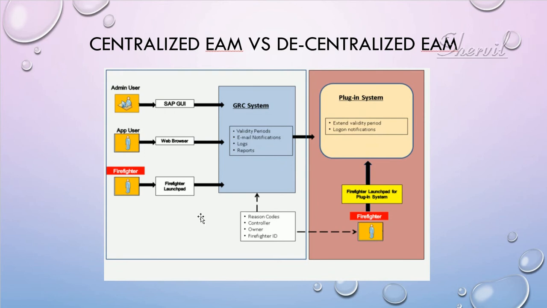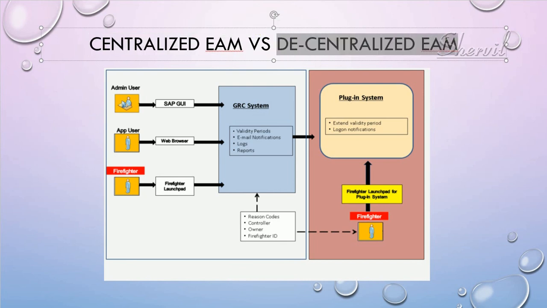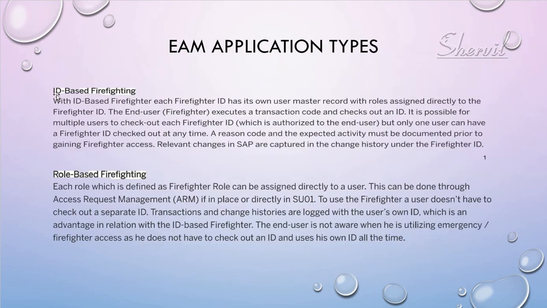So this is a brief introduction to what EAM, emergency access management, is. We saw what centralized EAM and decentralized EAM are, and then we also saw the application types, ID-based firefighting and rule-based firefighting.